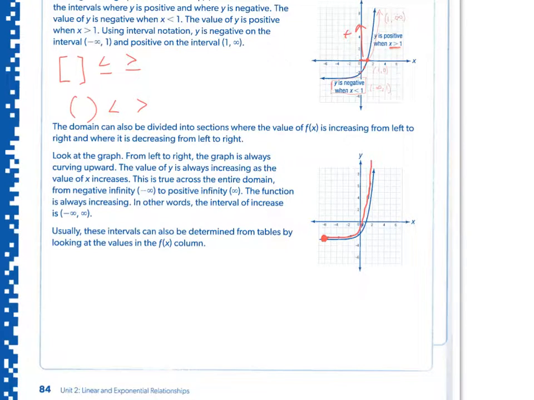So we can say that this graph is increasing on a specific interval. In this case, it's kind of odd, but it's increasing from negative infinity all the way to positive infinity. Again, we can't include infinity, so we write that with just parentheses, not brackets.